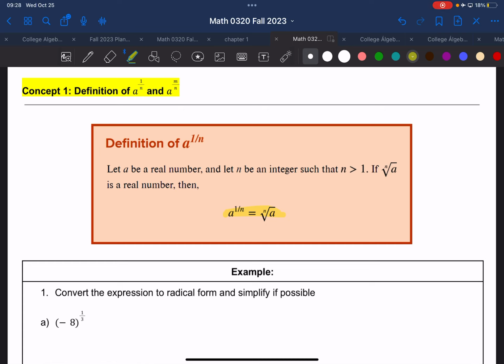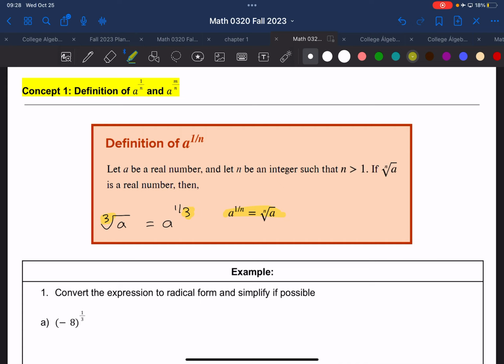So instead of seeing, for example, the cube root of a, we could write this as a to the power of 1/3. Whatever number is on the nth root is the number on the denominator of our power.